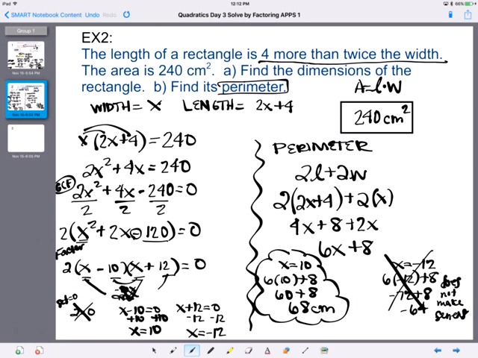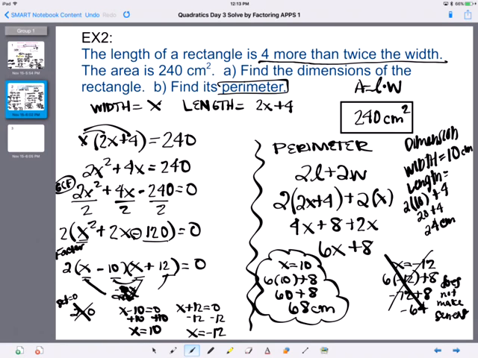We found the perimeter is 68, but they also asked us to find the dimensions. So if you replace your x with 10, we know the width is equal to 10. And if we replace our x with 10 in the length, 2 times 10 is 20, plus 4, we know that the length is 24 centimeters.